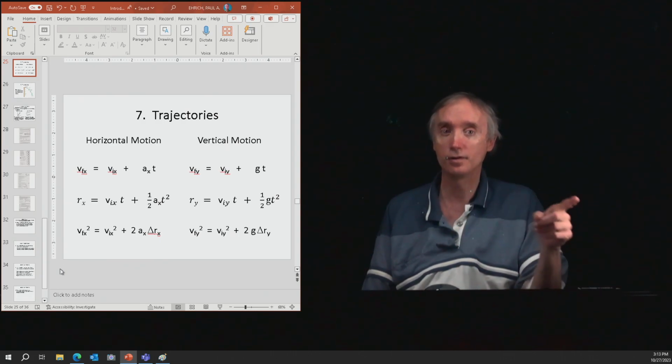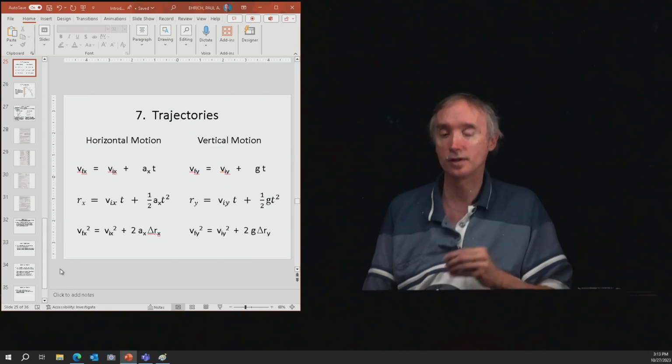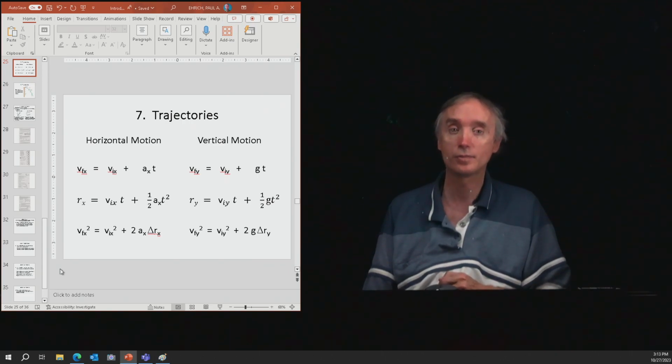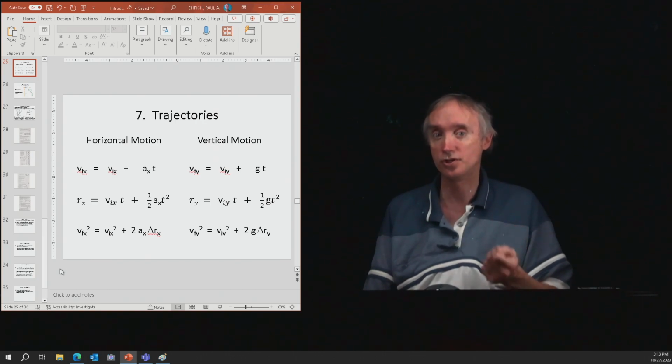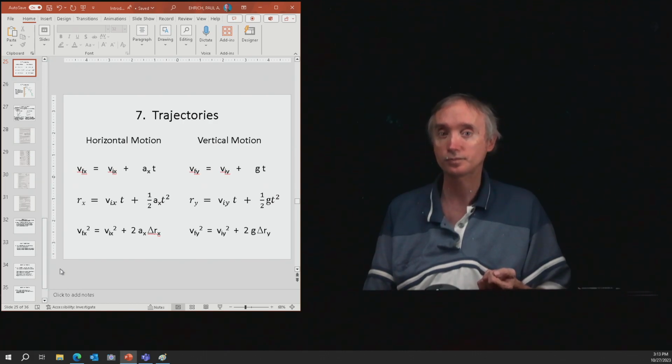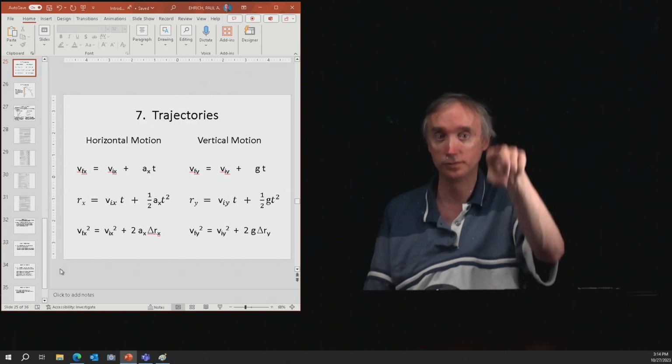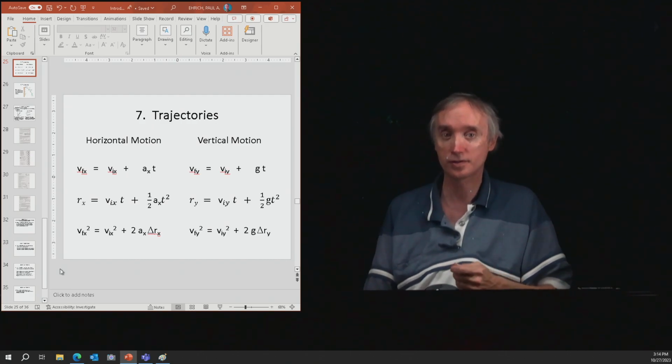And then in the other column, we have the formulas that we would use to explain something that's moving up and down. Notice that instead of the letter A, I put in the letter G for gravity, and then also I put a subscript y on those so that we have the final velocity of an object in the y direction, and then the initial velocity of the object in the y direction.